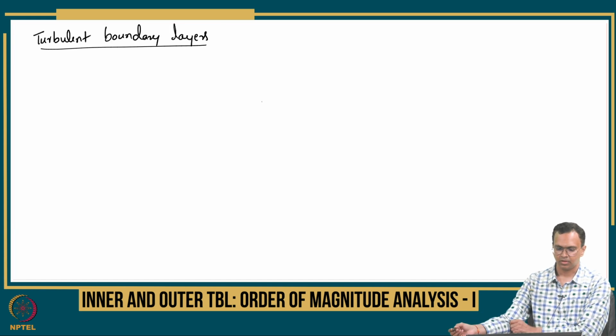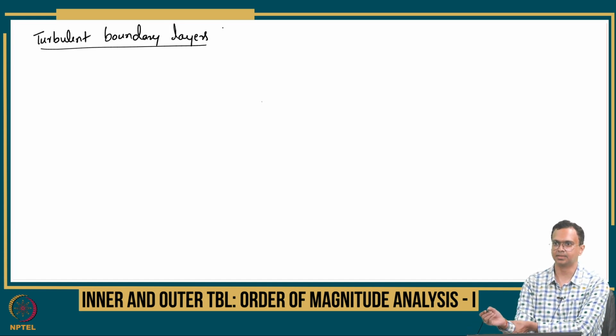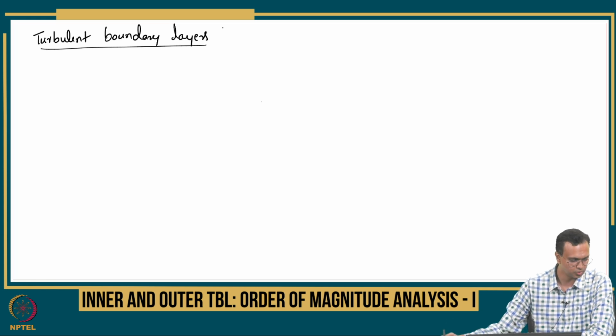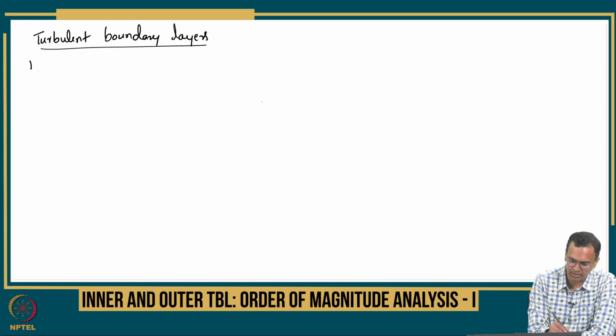All right, so what did we learn in the last class? That we can choose some scales and look into the U momentum equation, the mean momentum equation, and upon introducing the scales we learned to first order what terms are balancing each other. We learned that by order of magnitude estimates.